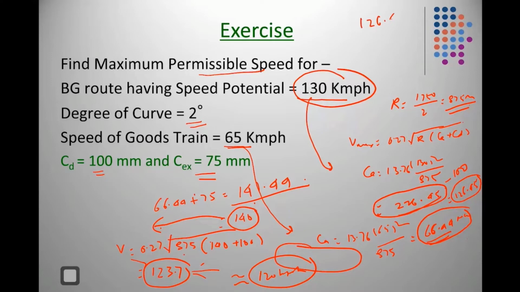This is the cant we are going to provide. Cant required for goods is 66.44, राइट? एक मिनट, कुछ गड़बड़ हो रहा है यहाँ पर. ये तुमने 66.44 निकाला था, हमने कैंट प्रोवाइड किया फिजिकली 141.44. सर, क्योंकि ये 141 है, यानी मैक्सिमम मैं 141 भी अगर कैंट दे सकता हूँ, तो फास्टेस्ट मूविंग ट्रेन की स्पीड निकालने के लिए 141 प्लस 100 करूंगा, 241 आ जाएगा सर. 241 के कंपेयर के रिलेशन में जो मेरी मैक्सिमम स्पीड आएगी, वो मेरी मैक्सिमम स्पीड होनी चाहिए सर.